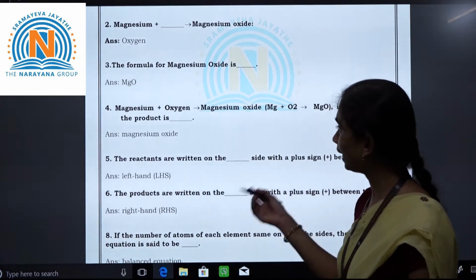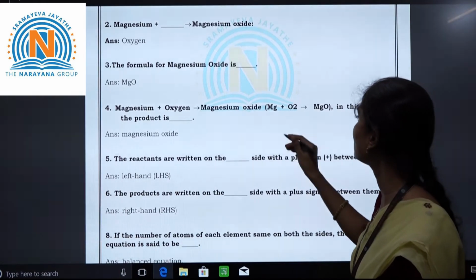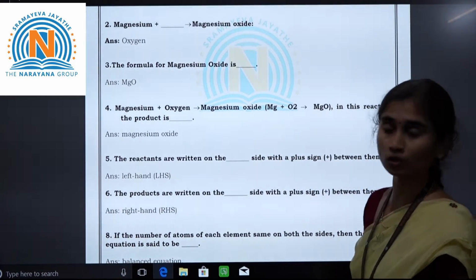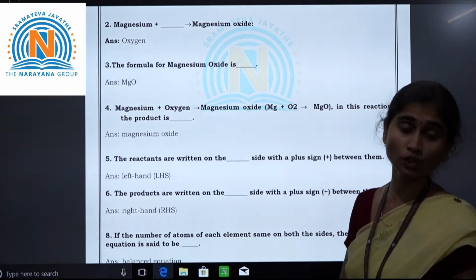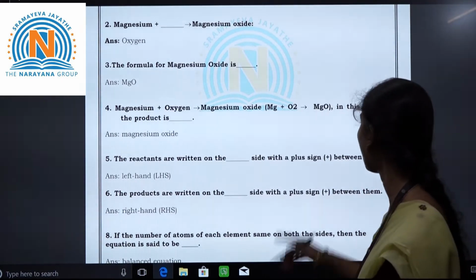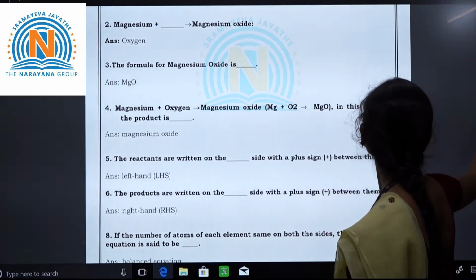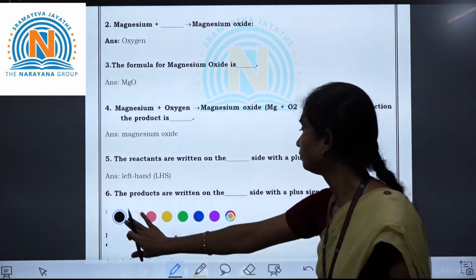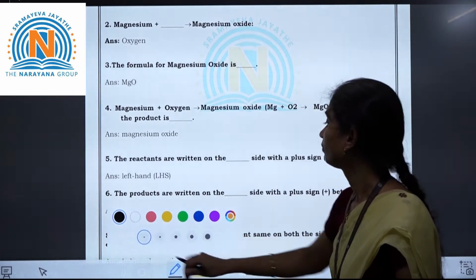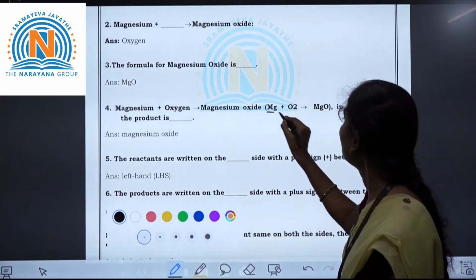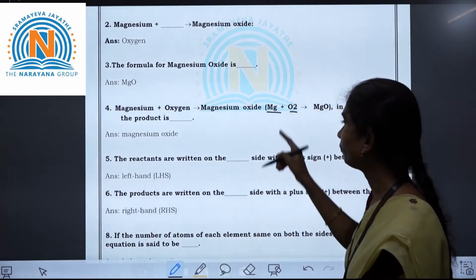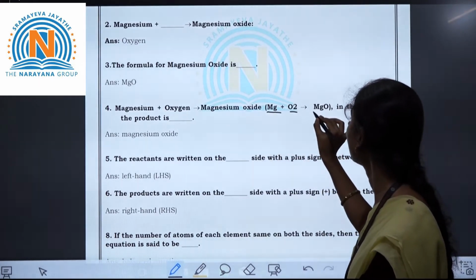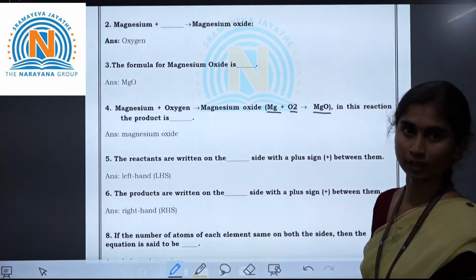And next question, the reactants are written on the dash side with a plus sign between them. So let us take any reaction. Suppose you consider magnesium plus oxygen gives rise to magnesium oxide. See here, magnesium and oxygen, when they are reacting together, we are getting magnesium oxide.